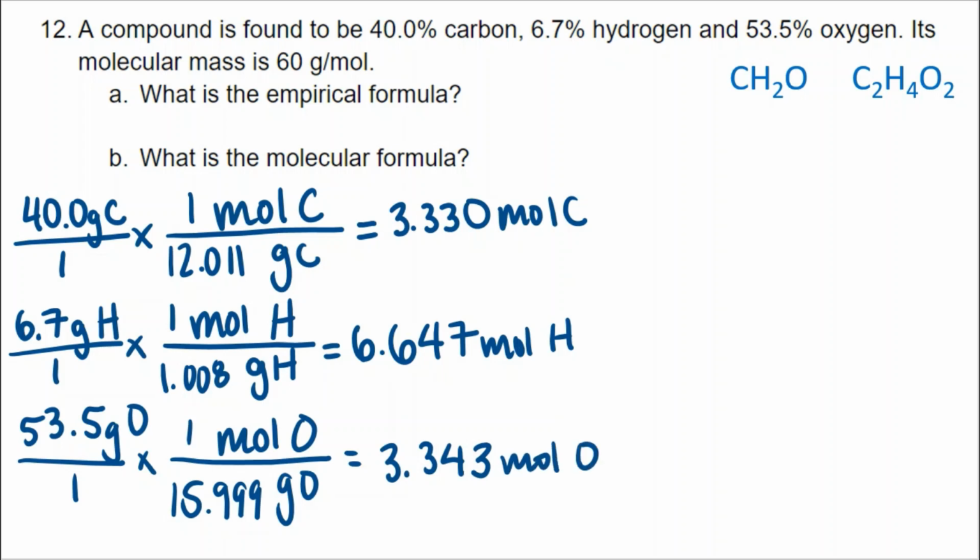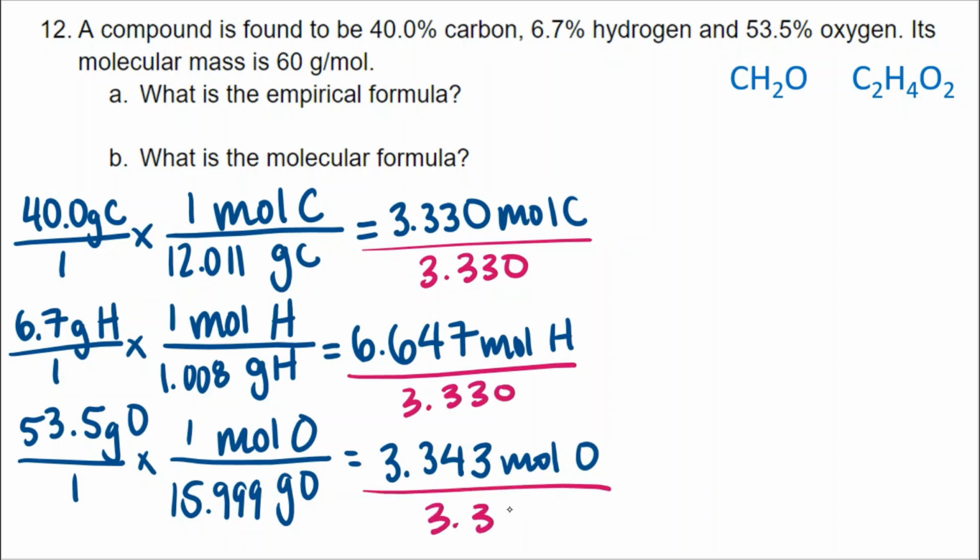So just like last time, I'm going to divide all of these by the smallest number. We're just trying to see the ratio of these elements. So once I go ahead and solve here, that's obviously going to be 1. This next one, 6.647 divided by 3.330, is going to give us something very, very close to 2.